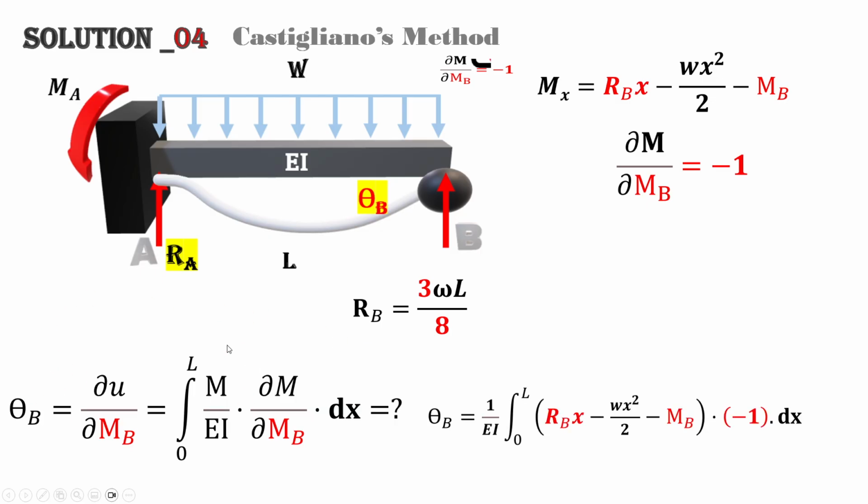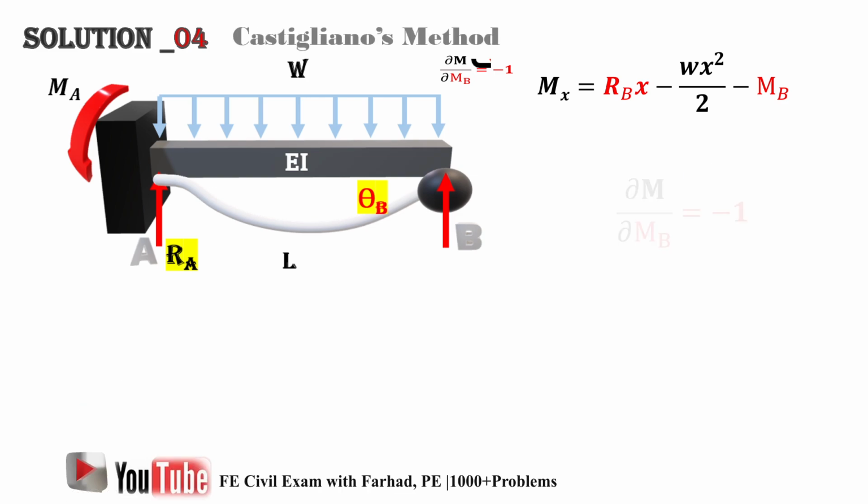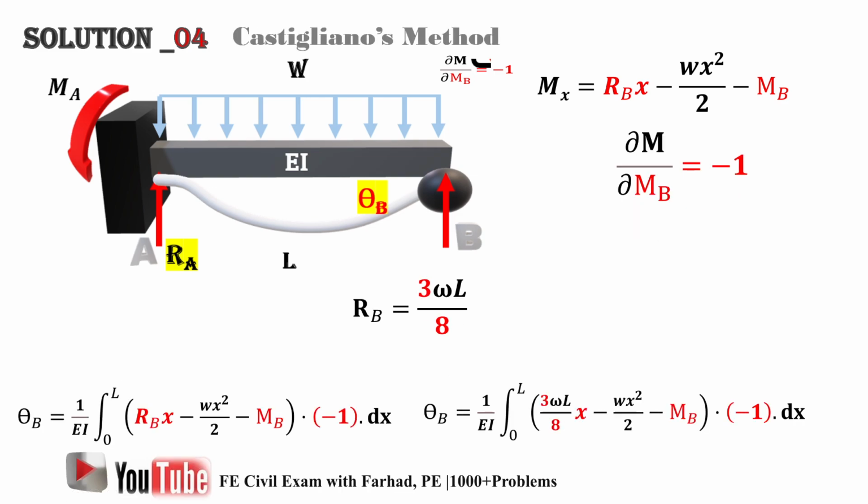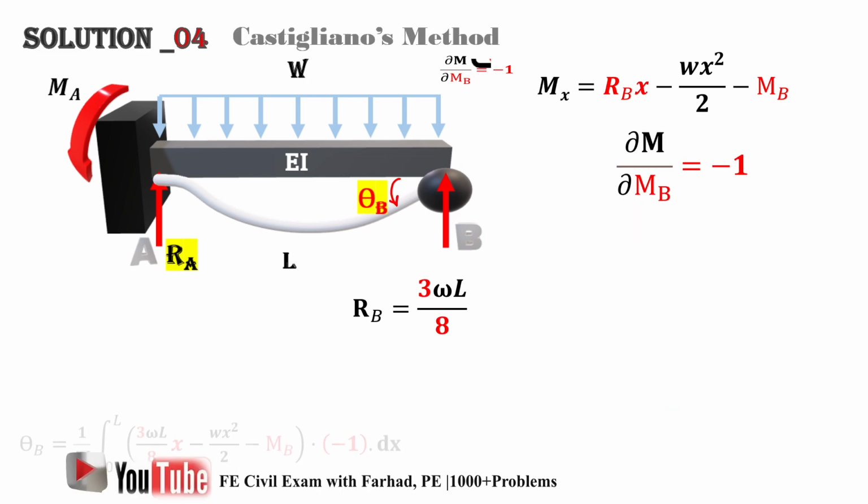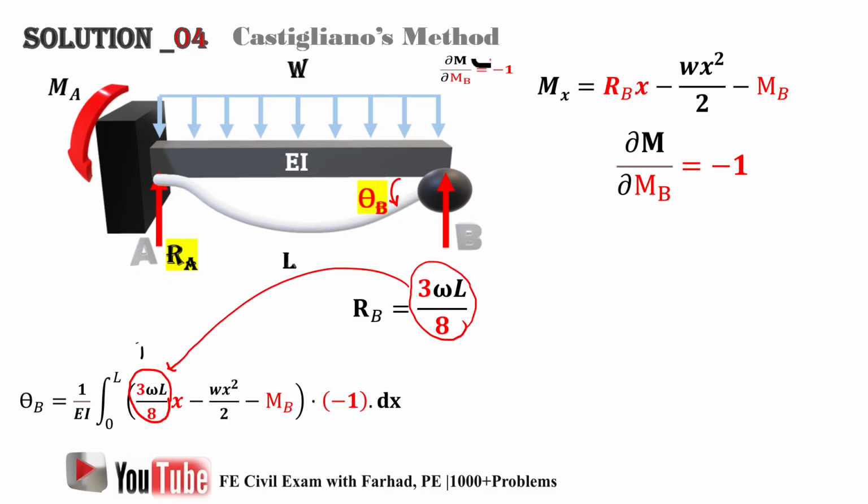We can simply take the constant 1 over EI out of the integration. Then M is here, which we calculated in the previous part, and this is partial M over partial M_B. This is our R_B in the equation of moment.